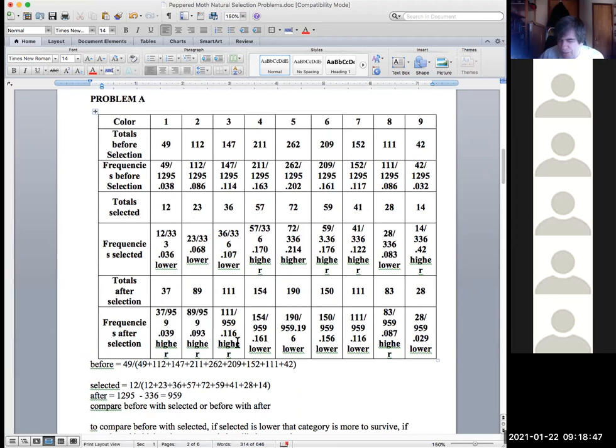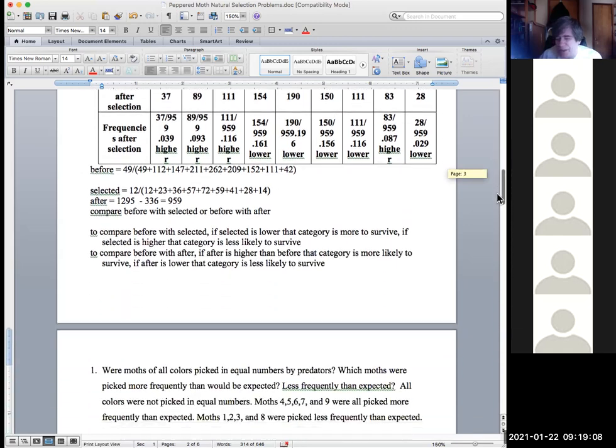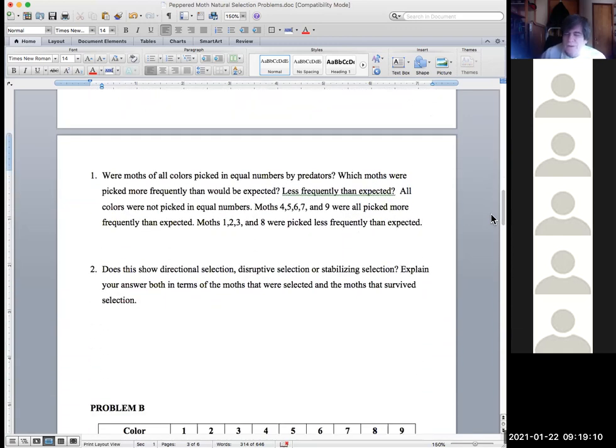Well, if we look, notice 1, 2, and 3 all have a higher chance to survive. After we get past 3, almost everybody has a lower chance to survive. Number 8 is a little bit of a blip. It goes up slightly. But because 1, 2, and 3 all have a higher chance to survive, and then the other end, 5 out of 6 of them have a lower chance to survive, we would say that this is directional selection.